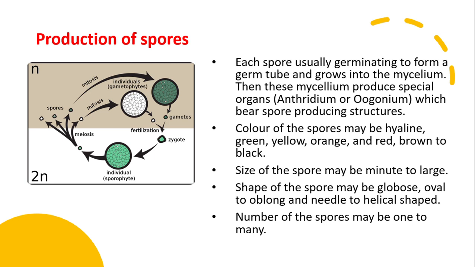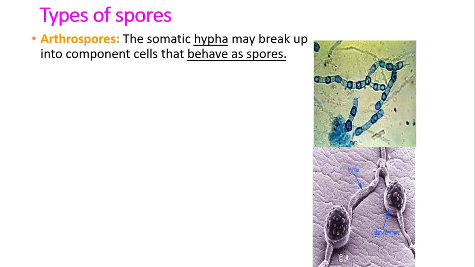The color of these spores may be hyaline, green, yellow, orange, red, brown to black. The size of spores may be minute to large. The shape of the spores may be globose, oval to oblong, and needle to helical. There are other shapes of spores as well. The number of spores may be from one to many, on the basis of different species of fungi.